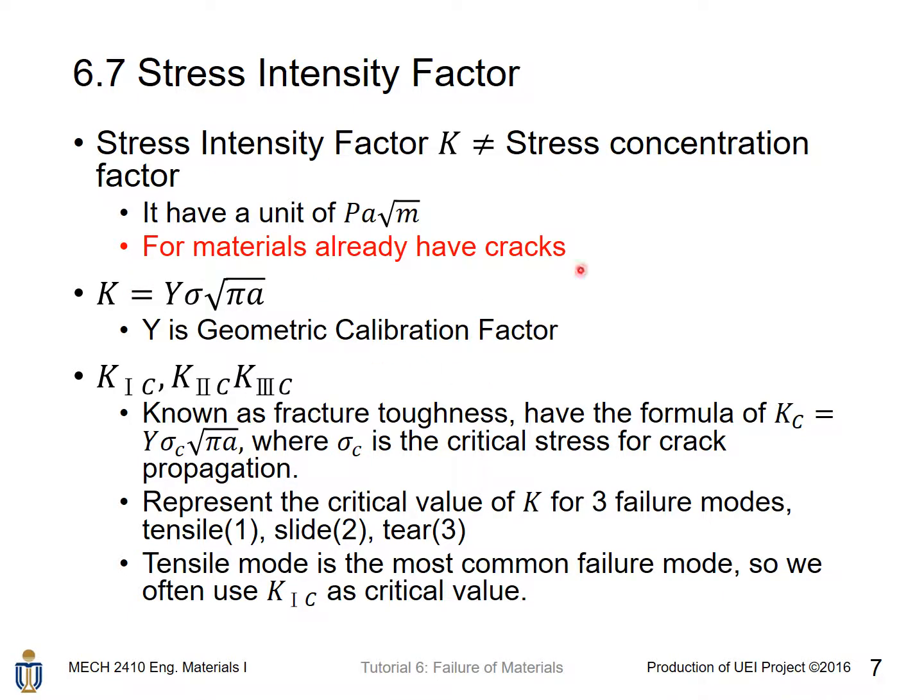And actually, there are 3 kinds of critical values using the definition of K, which are K1C, K2C, K3C, also known as fracture toughness. Basically, it is just the critical value for failures in 3 failure modes: tensile mode, slide mode, and the tear mode.